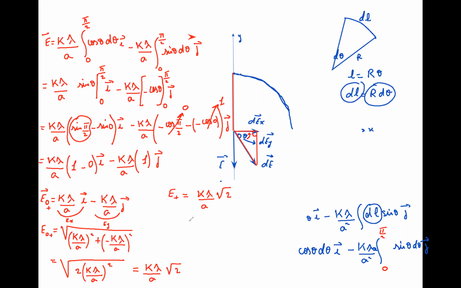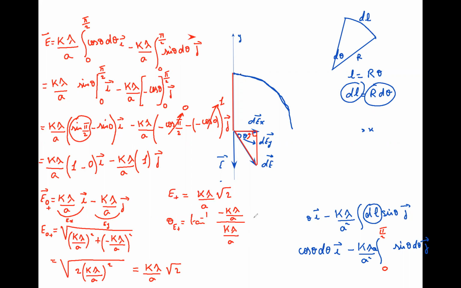About the direction. The direction of E positive equals tangent minus 1, Y component equal to minus k lambda over a, divided by the X component equal to k lambda over a.